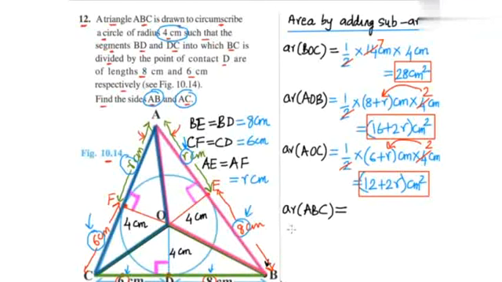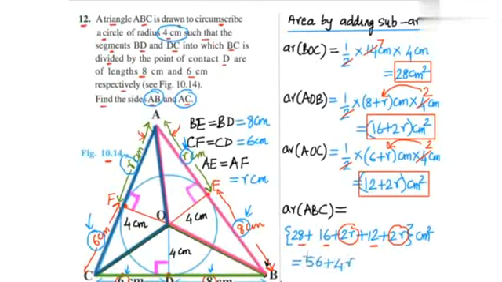So if we sum all of these, we get 28 plus 16 plus 2R plus 12 plus 2R. Now let's simplify this sum. 28 plus 16 is 44, 44 plus 12 is 56, and then we have 2R and 2R, that's 4R. So we get 56 plus 4R centimeter square. So this is one expression for the area of triangle ABC.